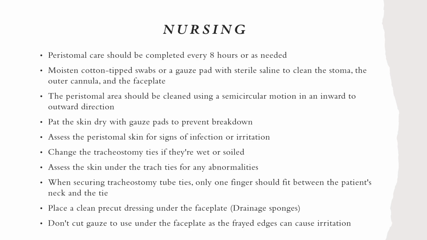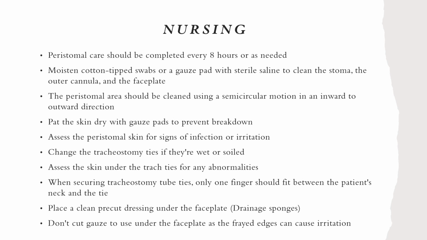So, like I talked about, that peristomal care, the area around the tracheostomy, the skin, should be completed at least every 8 hours, also known as every shift. So you're going to moisten a cotton tip swab, or it can be a gauze pad, with sterile saline. And you clean around the trach site and the stoma.